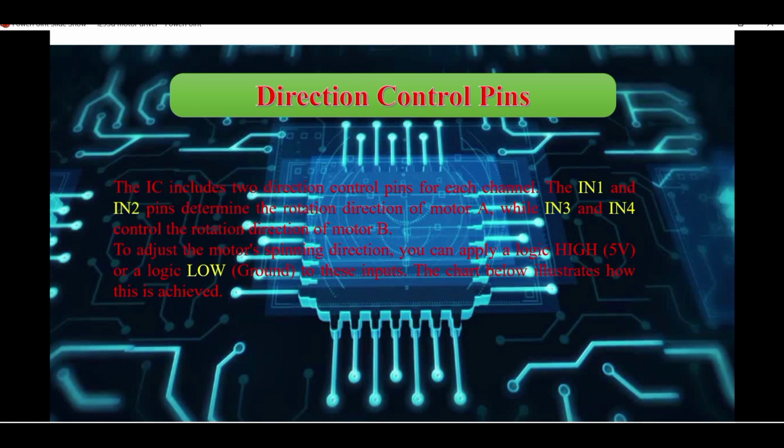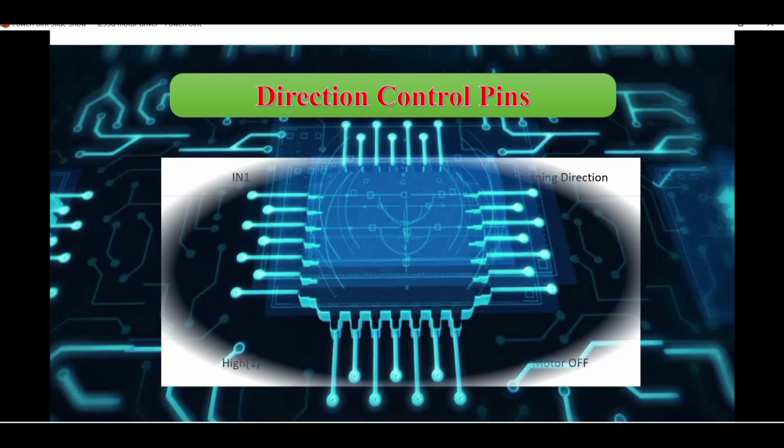Input 1 and input 2 are connected to motor 1, and input 3 and input 4 to motor 2. When both are 0, that is the idle state. Both 1 is also the idle state. 0, 1 means clockwise, 1, 0 means anti-clockwise.